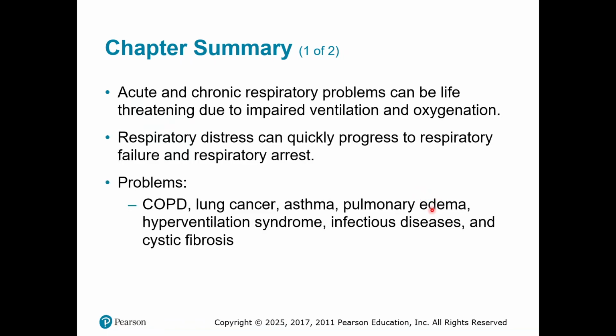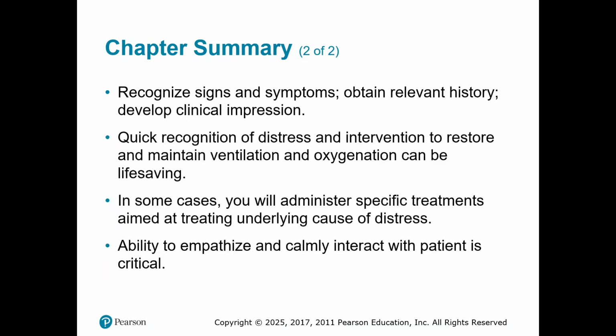We talked a little bit about lung cancer. We talked about asthma. We talked about pulmonary edema. We talked a little bit about hyperventilation syndrome, but not much. We talked about infectious disease and cystic fibrosis. We talked about how quick you've got to be in recognizing what type of distress the patient is in and being quick to treat it.